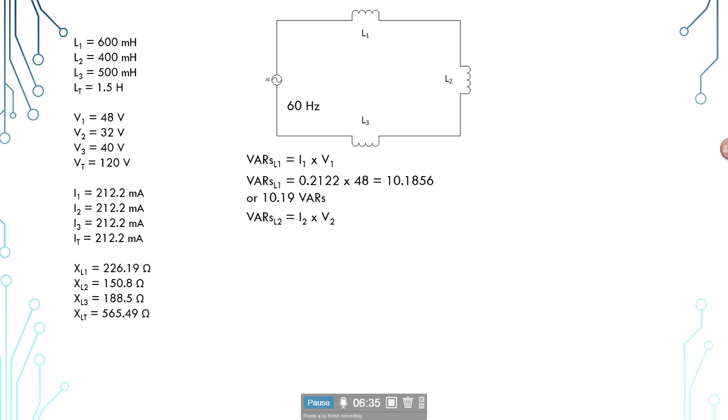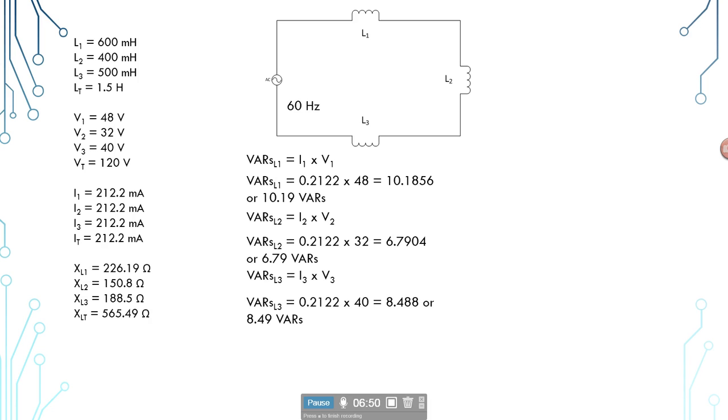Var sub L2 is equal to I sub 2 times V sub 2, which will give us 6.79 vars at that second inductor. And var sub L3 will be equal to I sub 3 times V sub 3, giving us 8.49 vars for the third inductor.